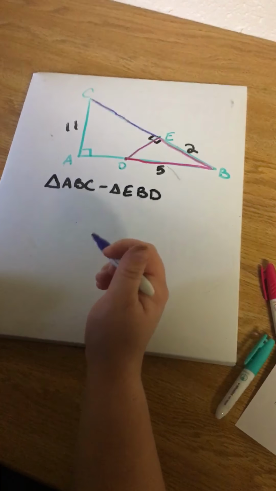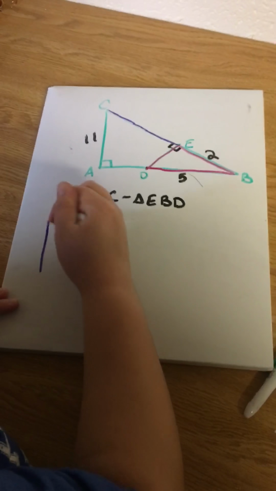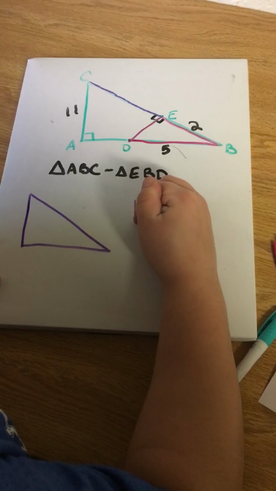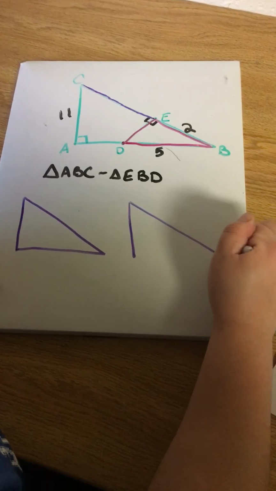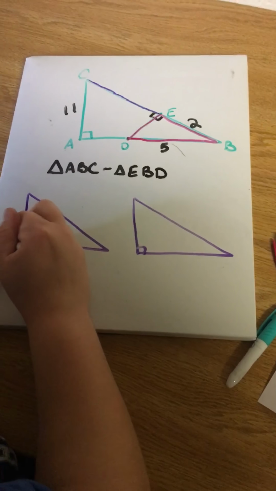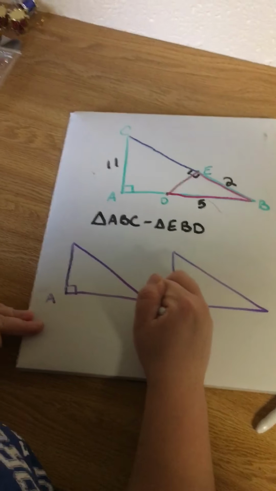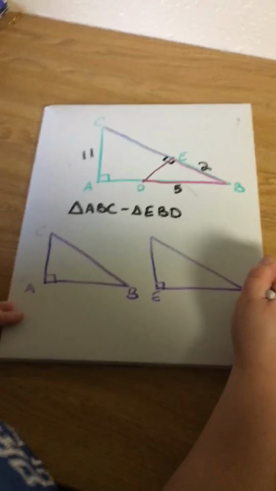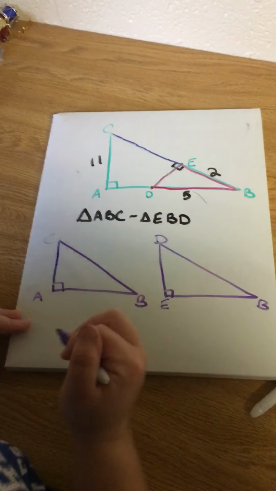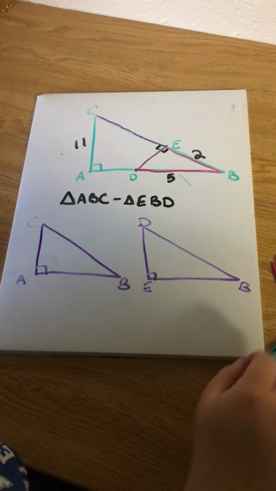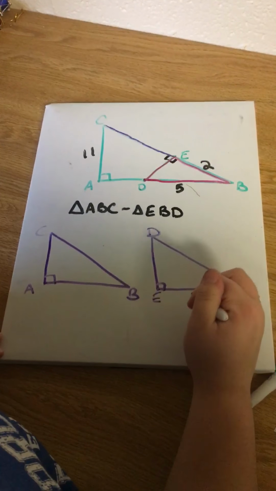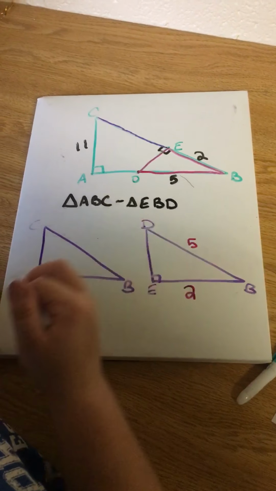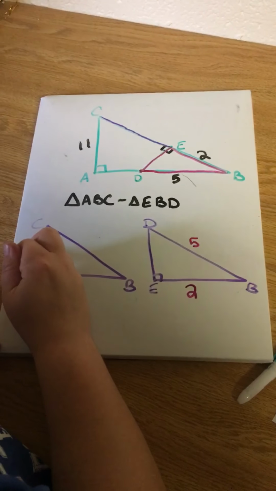So now I'm going to draw two different right triangles so that we can all see it a little bit better. So this is triangle A, B, C. This is triangle E, B, D. So we know that EB is 2 and that DB is 5, and we know that AC is 11.